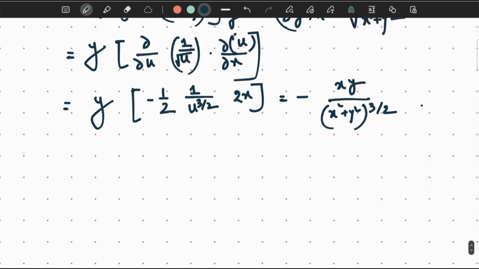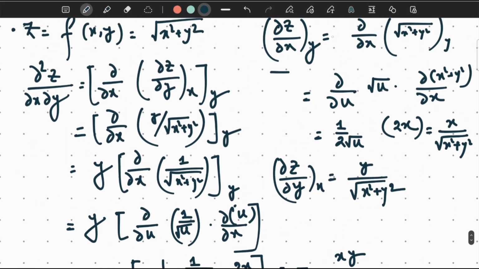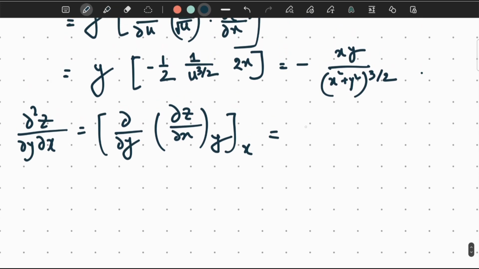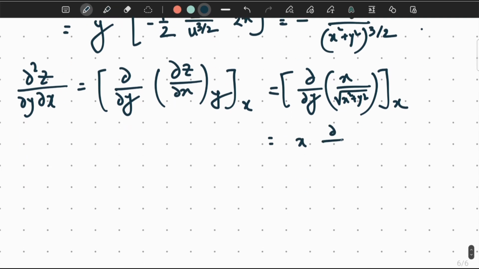Now similarly we can calculate the other term, del y del x. This is del x, constant of y, and then constant of x, right? So this term is known, del z del x, so it is eventually del y of x by root over x square plus y square, and now the constant part is x, correct? So x will be coming out, so it is del y of 1 by root over y square plus x square when the constant is x. You can carry this out, let me do it.